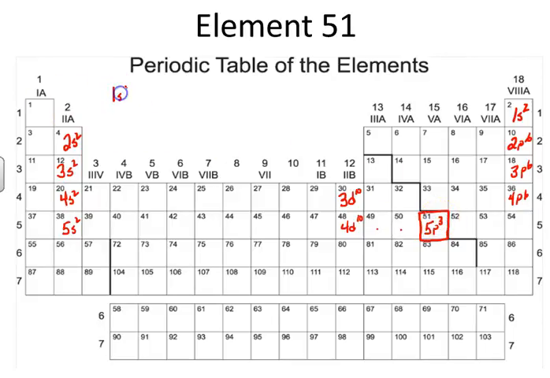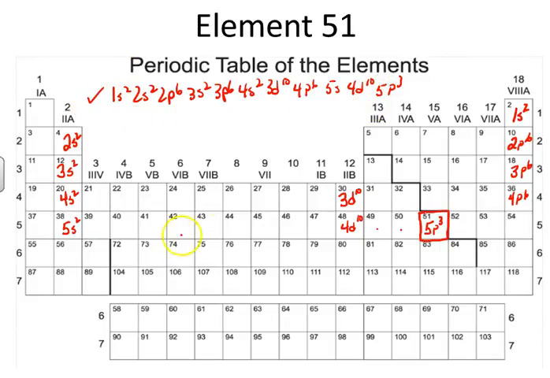So we've got 1s2, 2s2, 2p6, 3s2, 3p6, 4s2, 3d10, 4p6, 5s2, 4d10, 5p3. Final configuration.